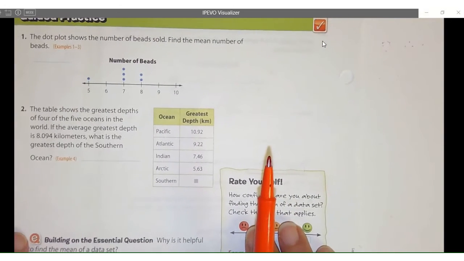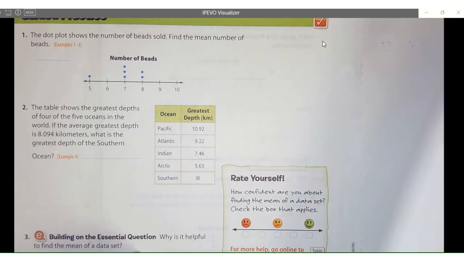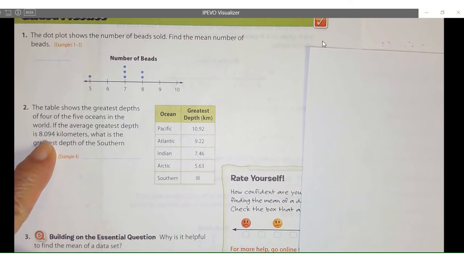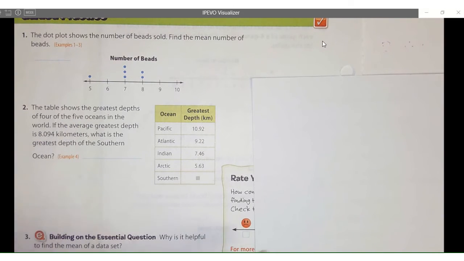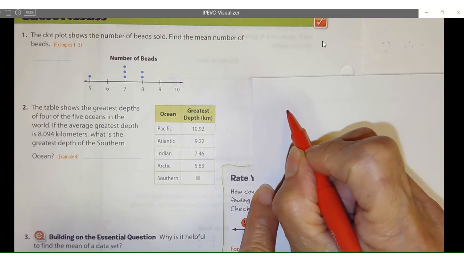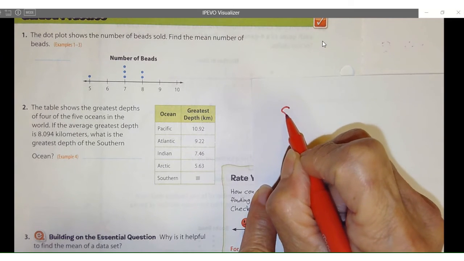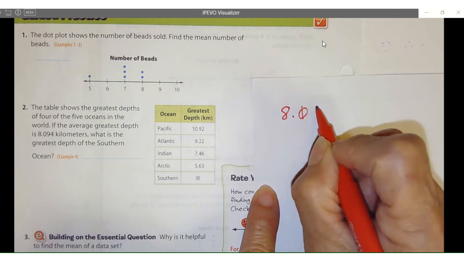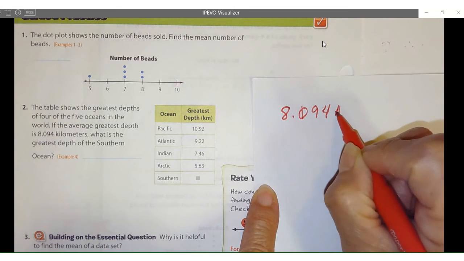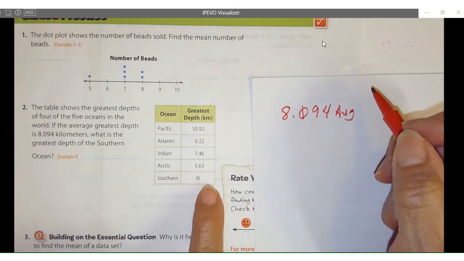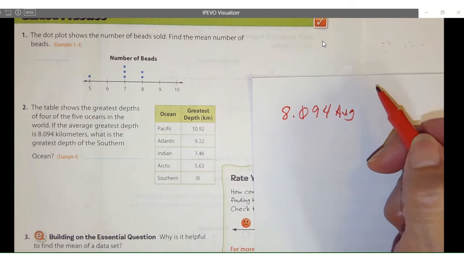So if we look at this one right here, it's telling us that our average is 8.094. So let's go ahead and do the average is 8.094. That's what they're saying, but we don't know what this southern part is yet.